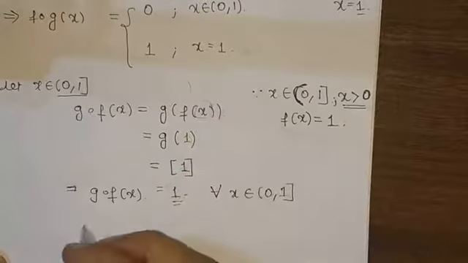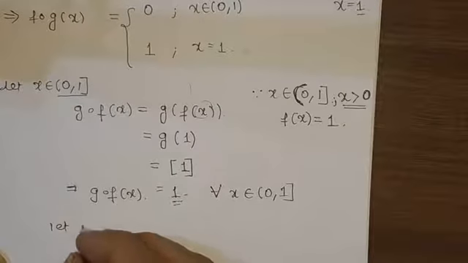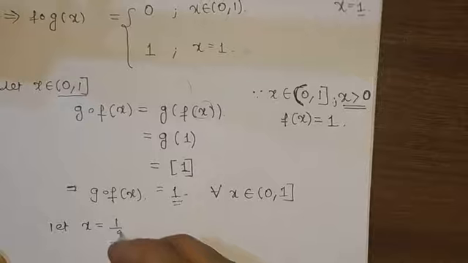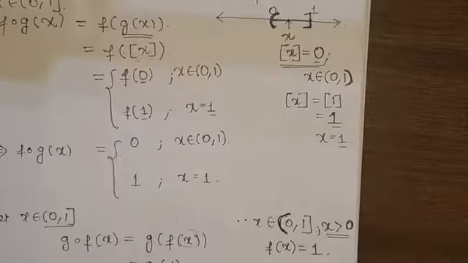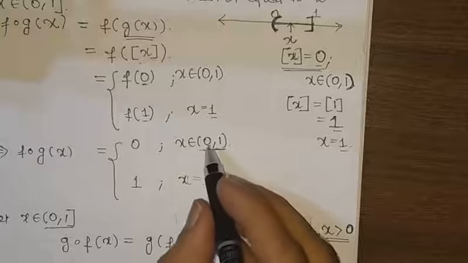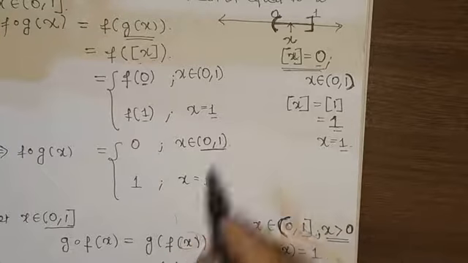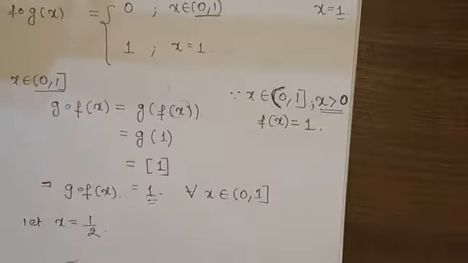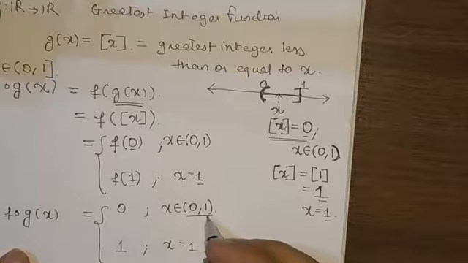How? See, let x be equal to half. So take x belonging to open 0 1 open, that is between 0 and 1. So what you will get is f composition g of half. That is equal to what? Half belongs to this set.